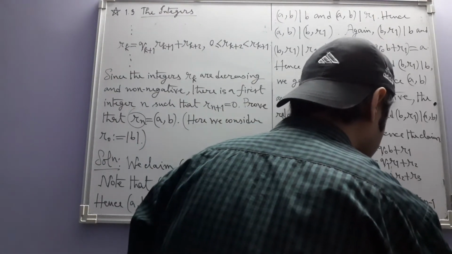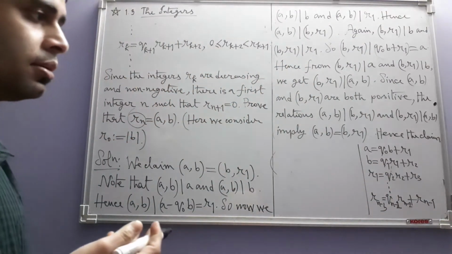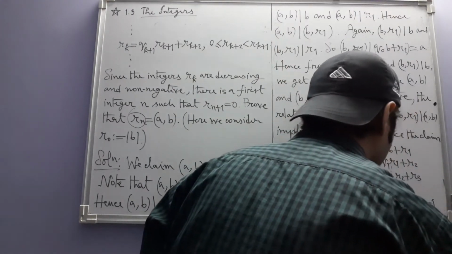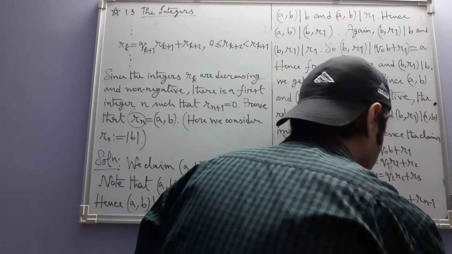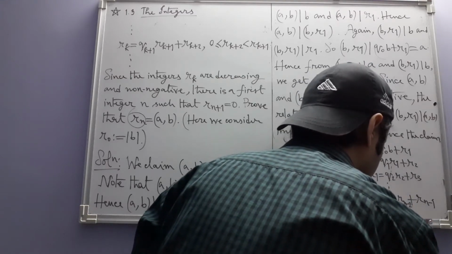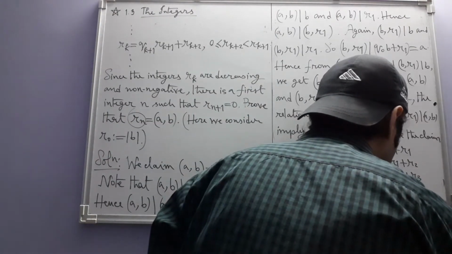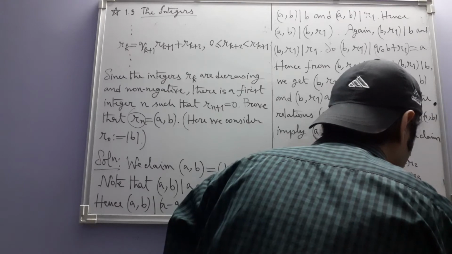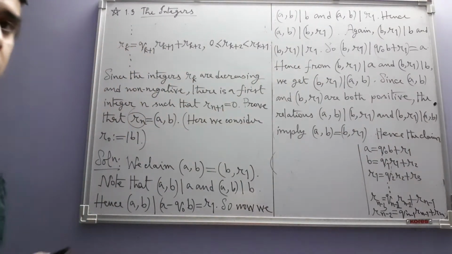And after that, Rn minus 1 is non-zero, right? Rn is also non-zero. Next we are dividing Rn minus 2 by Rn minus 1. That gives me Qn minus 1 Rn minus 1 plus Rn. I hope you can see this.